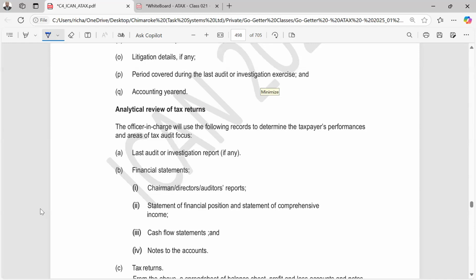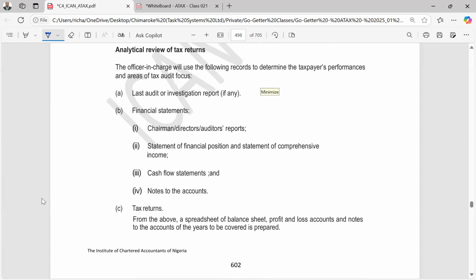You produce the last audit, you use it to check the current audits. Then financial statements, which will include the chairman's or director's reports, auditor's reports, statement of financial position, and statement of comprehensive income, then the statement of cash flow, notes to the statement.